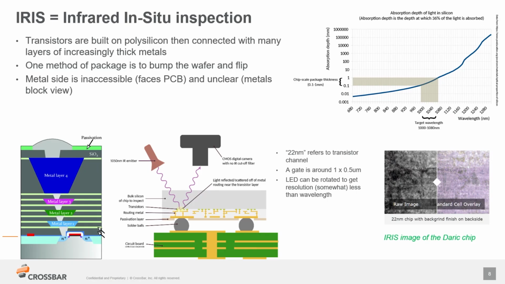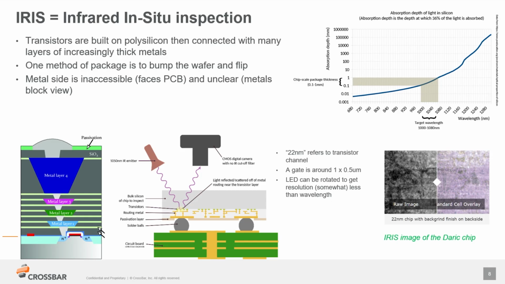This infrared inspection is based on silicon being the appropriate level of transparency to about 1,000 nanometers. 1050 is what we're using. Chips are generally built, below this line here is the polysilicon with the doping and implants. Above this is oxides, metals. This is very reflective and kind of hard to look through.